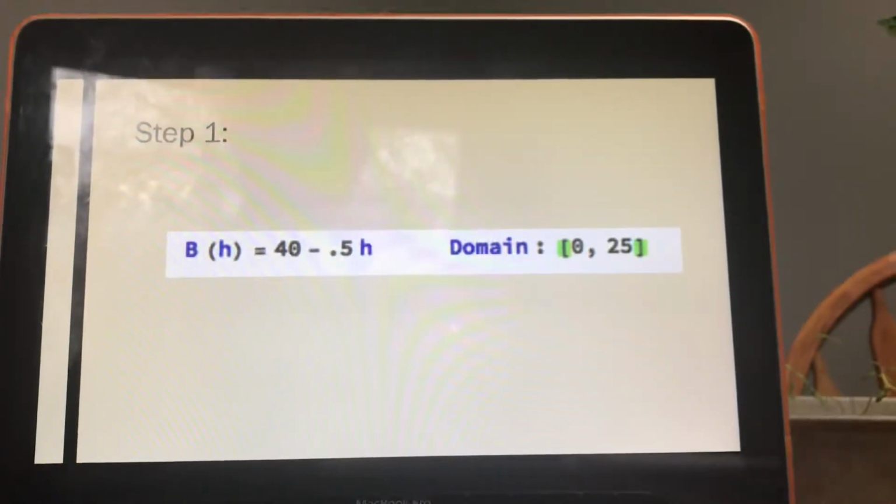So we have B(h) equals 40, which is the weight, minus 0.5, which is the rate of weight lost as it goes up, times the distance, which is height. And then we have our domain of 0 to 25. I kind of used Mathematica throughout these problems to help me work out, even just to display it so it was easier for everyone to see.